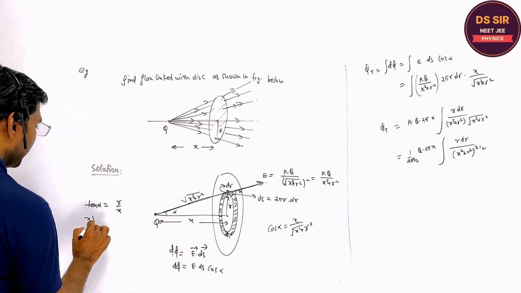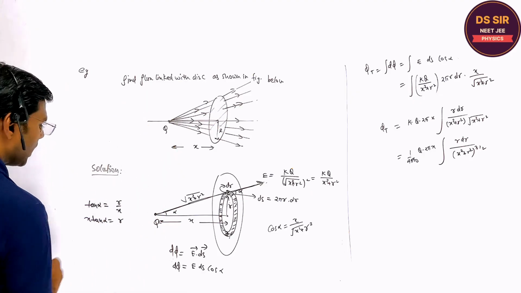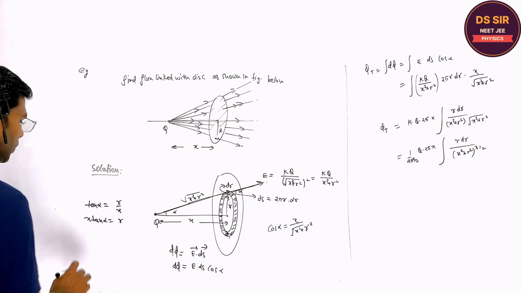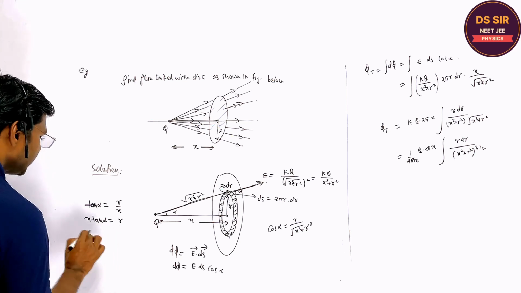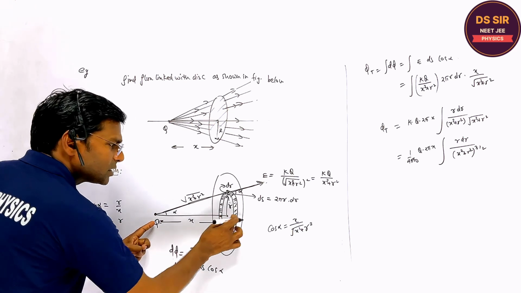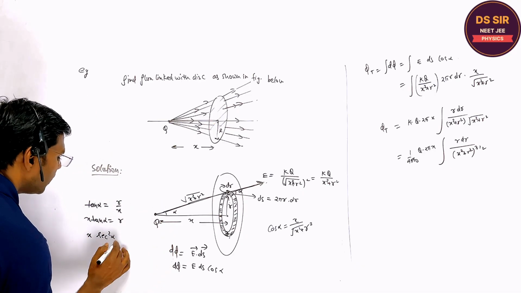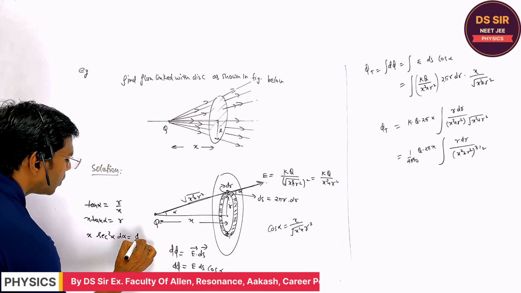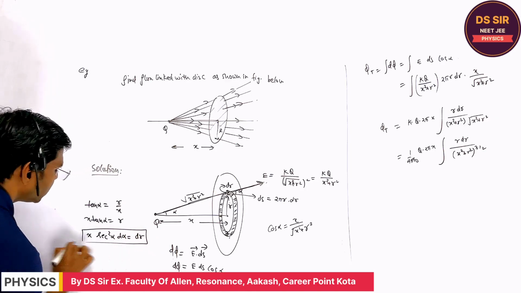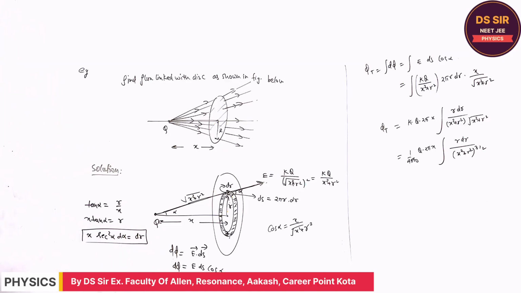So x tan alpha is equal to r. If you differentiate this, x is constant, the distance from the center, so sec square alpha d alpha is equal to dr. This is the differential relation between r and d alpha. Is it clear or not?